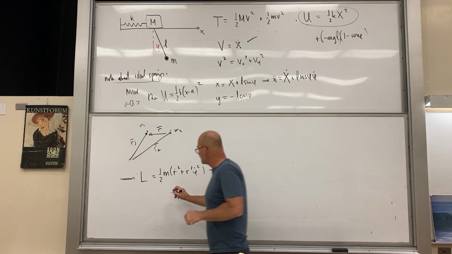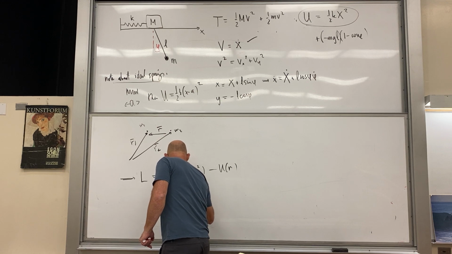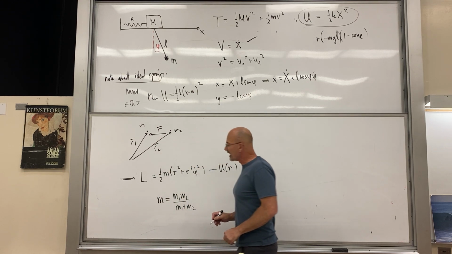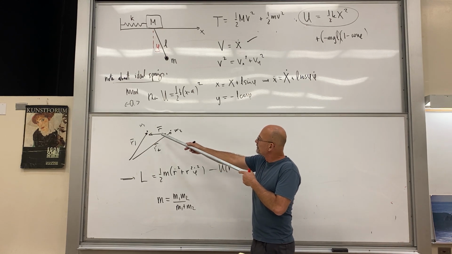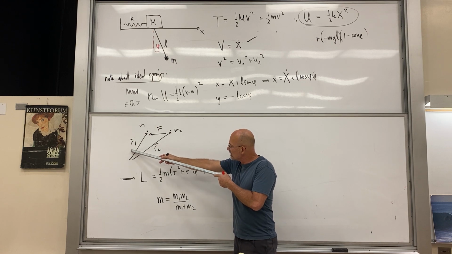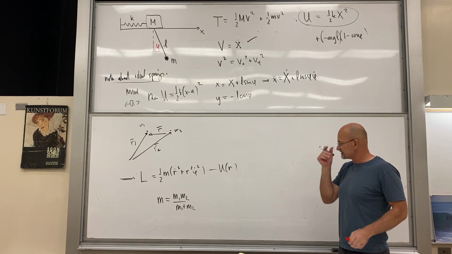And in that case, this mass here is the reduced mass. And we also have a way to get from the solution for the vector R back to the original R1 and R2 if we need to. We can transform back to that.